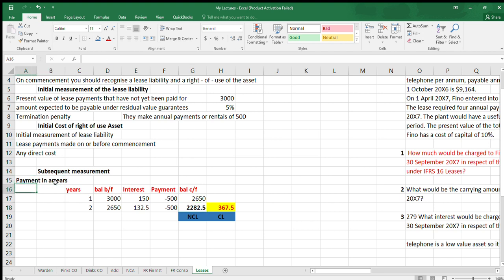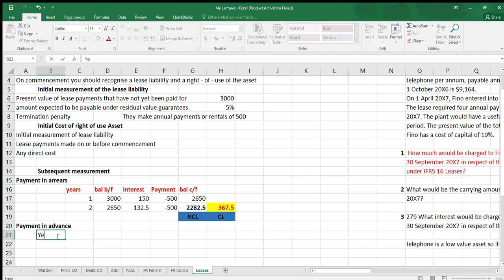Now we have payment in advance. And mind you, if the question tells you payment in arrears and you use the payment in advance formula, you're going to get it wrong, because both of them give different answers and the formulas are very different.